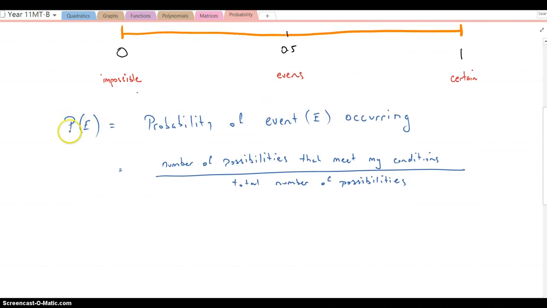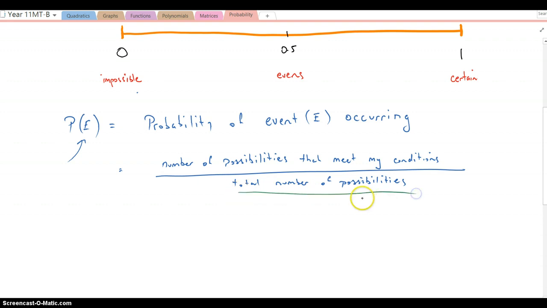Introducing a bit more terminology here. This P(E), that's the probability of event E happening, and that comes down to this fraction here. The probability of an event occurring is the number of possibilities that meet my conditions as my numerator, the number of possibilities that meet the conditions of the question, over the total number of possibilities.